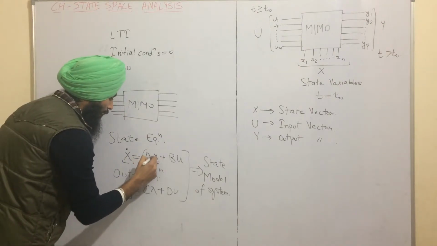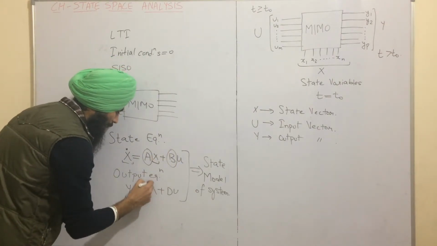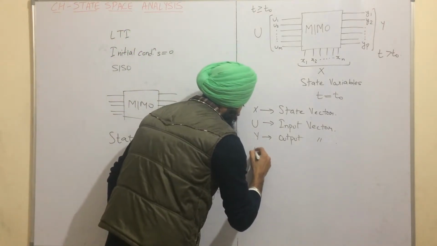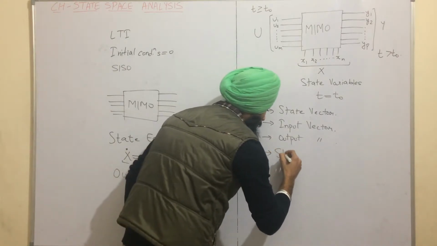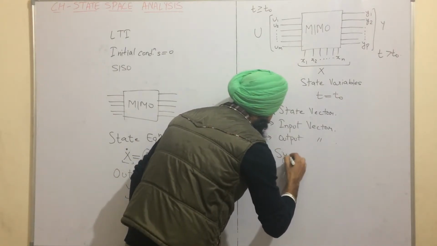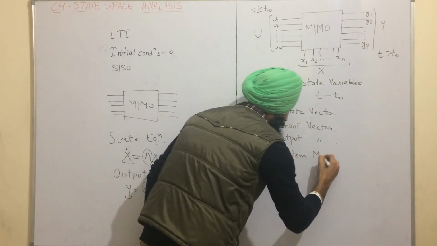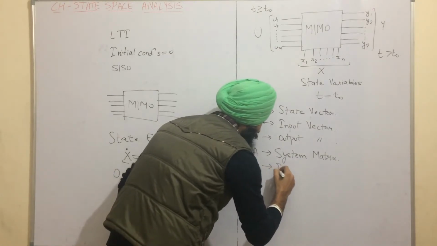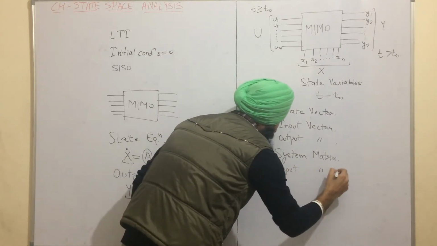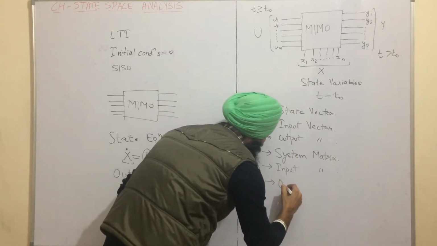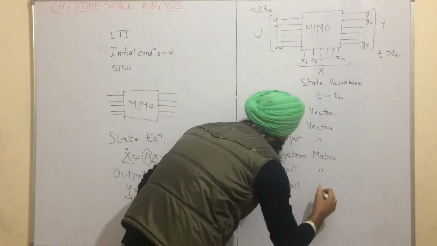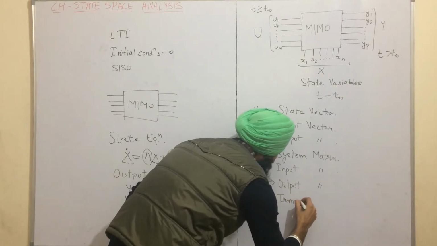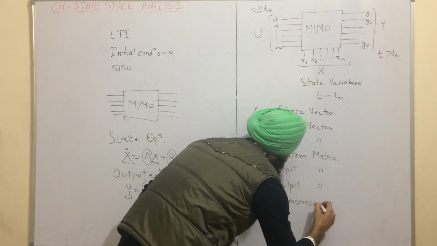Here these A, B, C and D are in the form of matrices, and A is known as the system matrix, B represents the input matrix, C represents the output matrix, and D represents the transmission matrix.